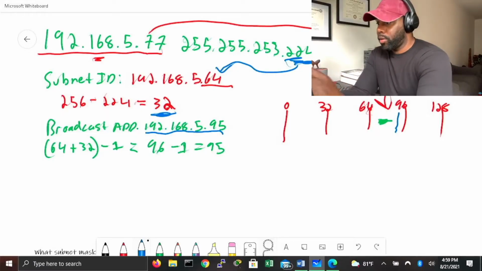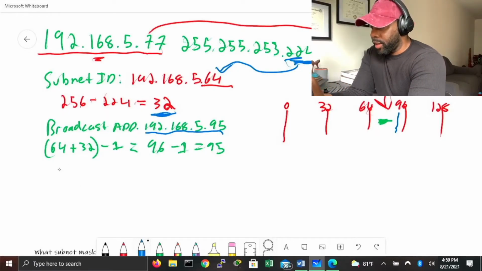Now, if the question asks for the range of valid hosts, that means the consecutive IP addresses that exist within that subnet.